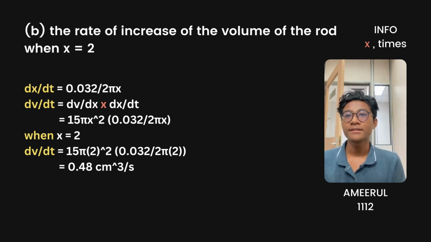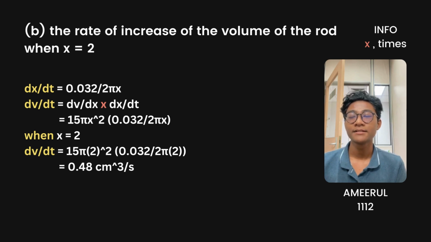And when x equals 2, the answer is dV/dt equals 15 pi (2 power of 2) times 0.032 per 2 pi (2). So the final answer of the question is 0.48 cm³ per second.